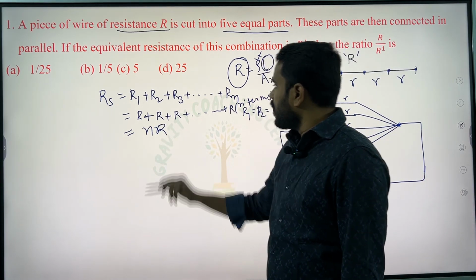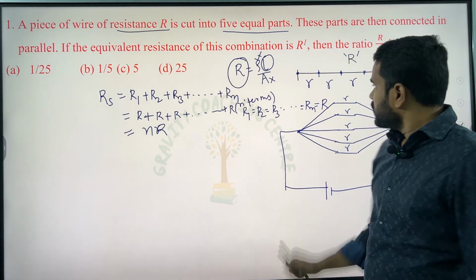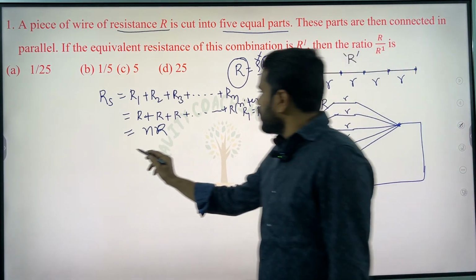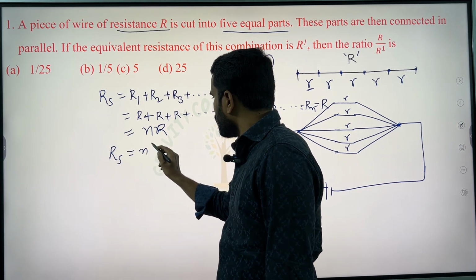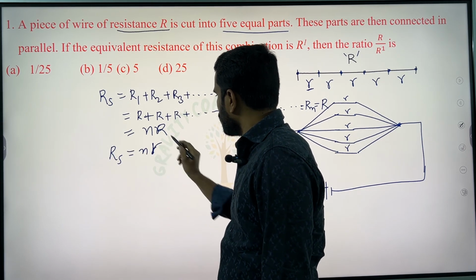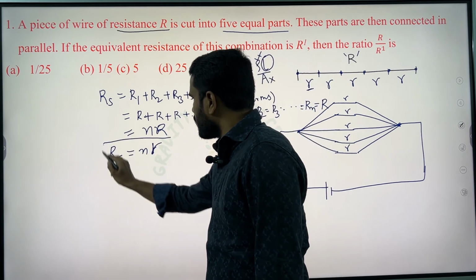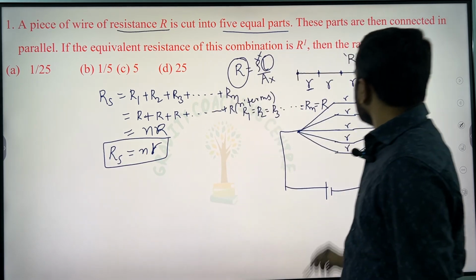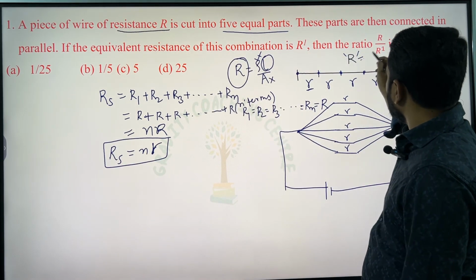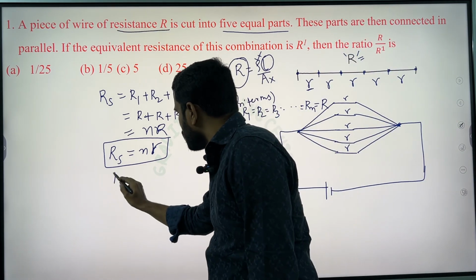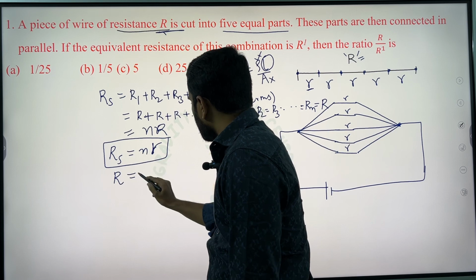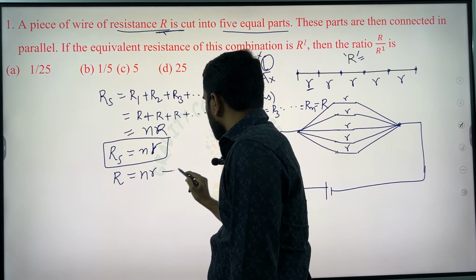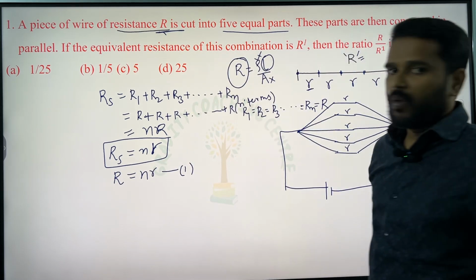Since I have taken small r, Rs equals n into r. This is the equivalent resistance in series. Rs is nothing but R, the resistance of the wire, and it equals n into r. Let us suppose this as equation 1.